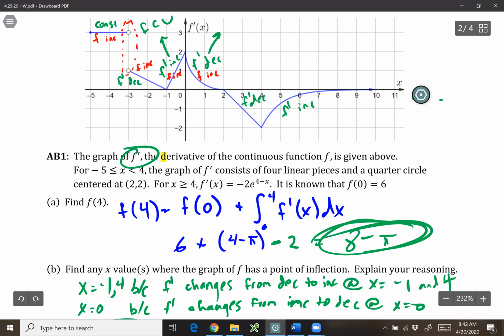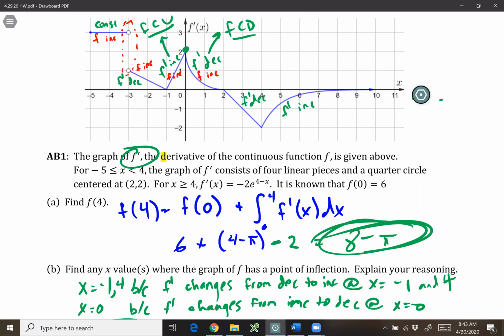Here, f prime decreasing means f was concave down. That's why we have an inflection point at 2, because f changed from concave up to concave down. Why? Because f prime changed from increasing to decreasing. But f, that original graph, stayed increasing. I know that's a weird concept to think about.